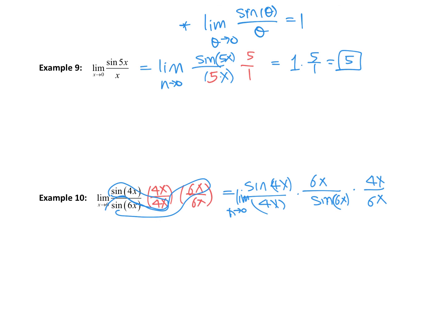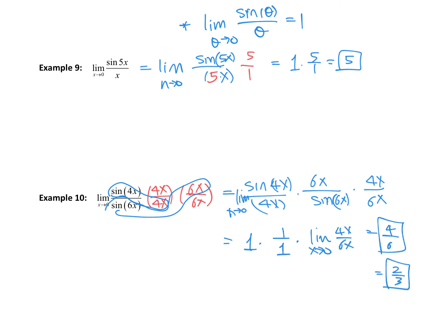The reason I did it is because this will give you 1. This will also give you 1 because it's a reciprocal of something that has limit 1, so the limit is 1 over 1, which is also 1. So the limit is 1 times 1 over 1, which is just 1. And then the limit of 4x over 6x as x goes to 0 is 4 over 6, which is 2 over 3. This is my final answer. All right, I think that's it for this section.